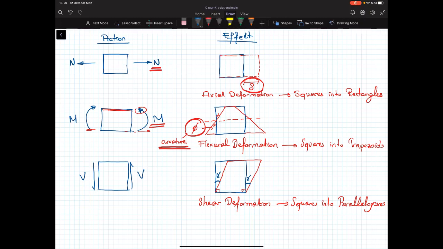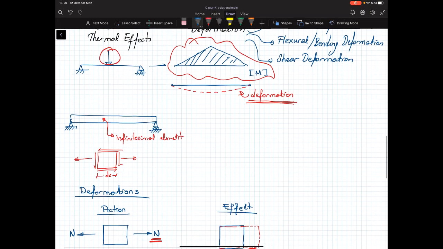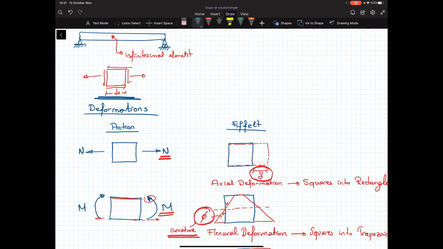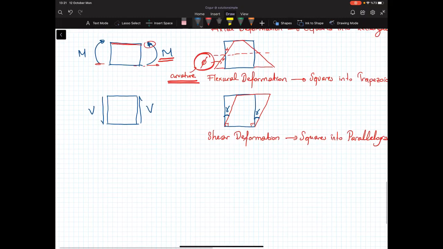All right, now for an infinitesimal element, we can determine how a force, whether axial or moment, changes its shape. But what about the member?